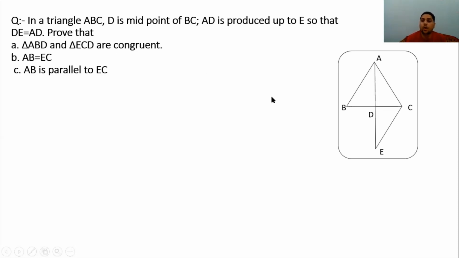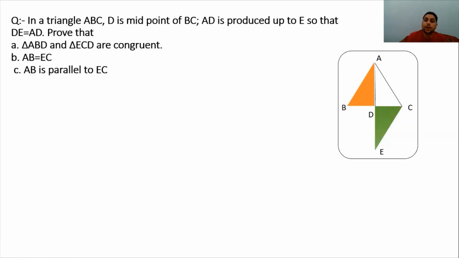So we'll draw a line segment EC so that we can have a complete triangle, that is ECD. Again, we have two triangles here, and we have to prove that these triangles are congruent.